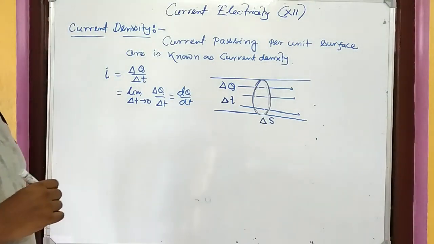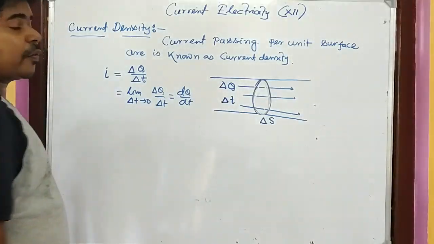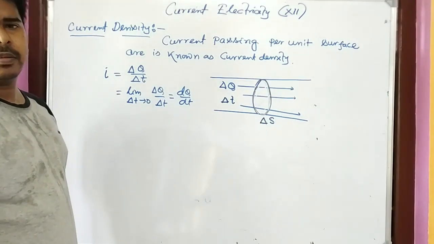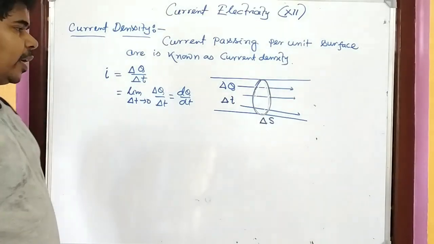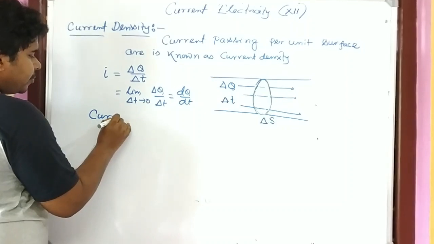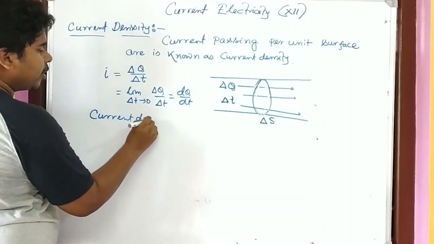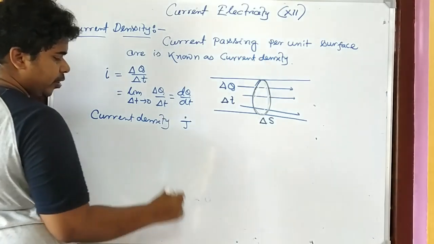That is our current. Now the current is passing through a surface area del S. So assume the current density, which is denoted by J, small j.